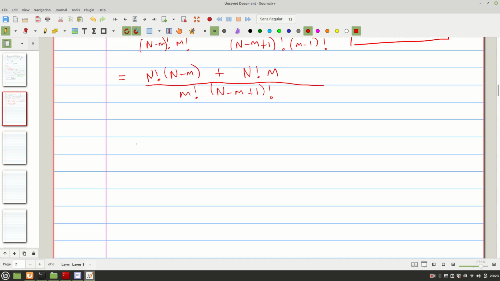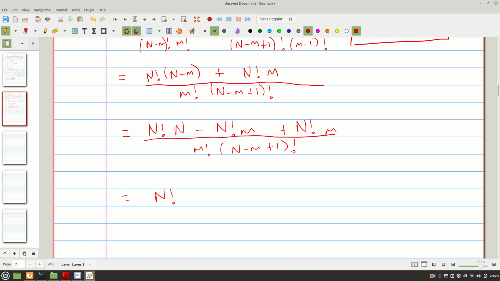And this is equal to n factorial times n minus n factorial times m plus n factorial times m, all of this divided by m factorial times n minus m plus 1 factorial, and this leaves us with n factorial times n over m factorial times n minus m plus 1 factorial, which is equal to n plus 1 factorial over m factorial times n plus 1 minus m factorial.